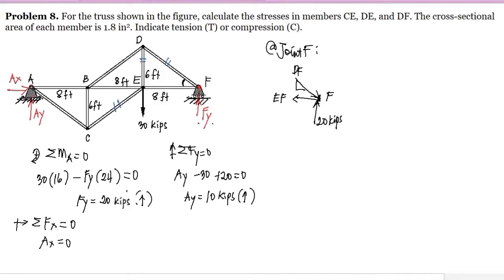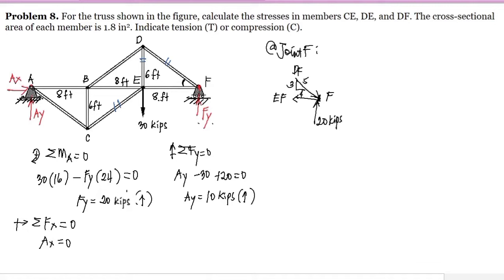So 6 divided by 2 is 3, and 8 divided by 2 is 4. So we have 3 rise and 4 run. Solving for the diagonal, since this is a perfect triangle, we have the value of 5 for our diagonal. Since we only need DF, we no longer need to solve for EF.